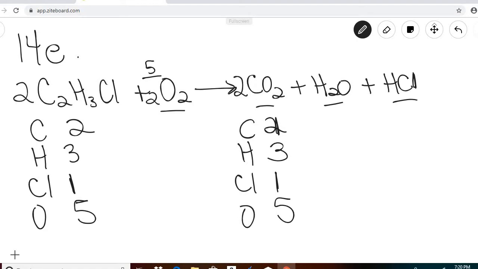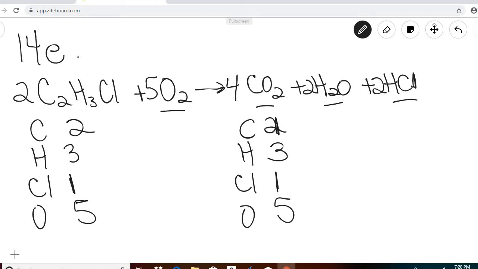So 5 halves times 2 is going to be 5. And then this gets multiplied by 2, this gets multiplied by 2, and this gets multiplied by 2.